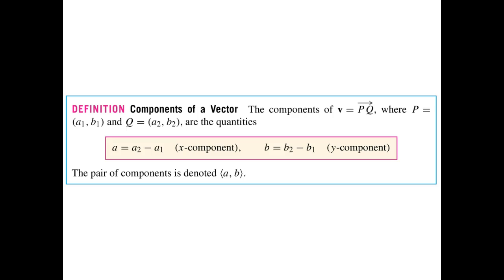So that pair of components is denoted by angle bracket A B, close angle bracket. In this text, when you see an angle bracket, that means vector. In your linear algebra text, we haven't gotten there yet, they write vectors as parentheses A B, just like a point. And that is somewhat confusing.